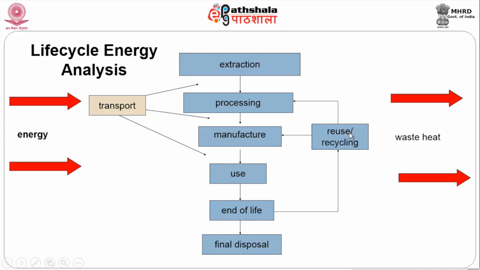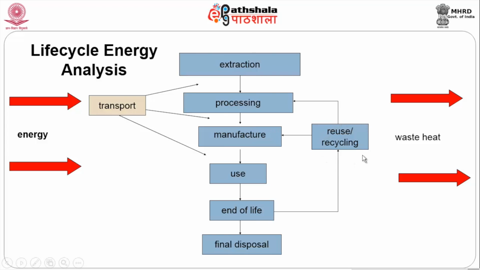Here we can implement reusing waste materials or recycling materials into appropriate constructions, and these manufactured materials can be used again at the end of the life of the material, the life value of the material, and the final disposal.